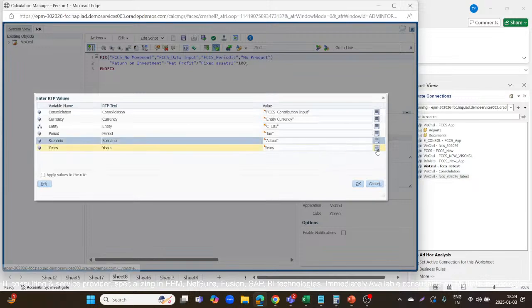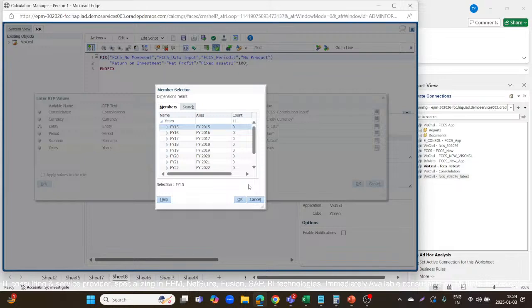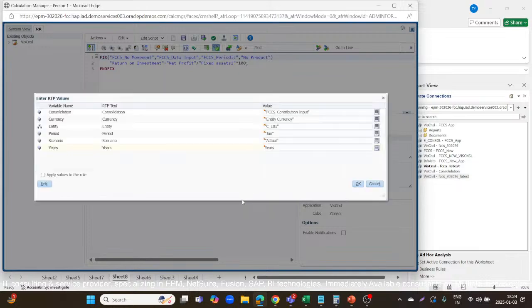Scenario is actual. Here you can pick FY21.